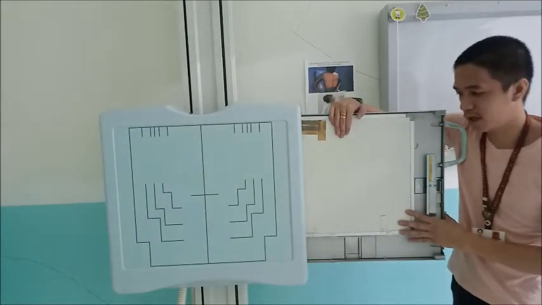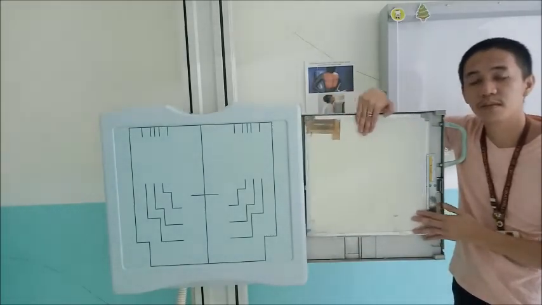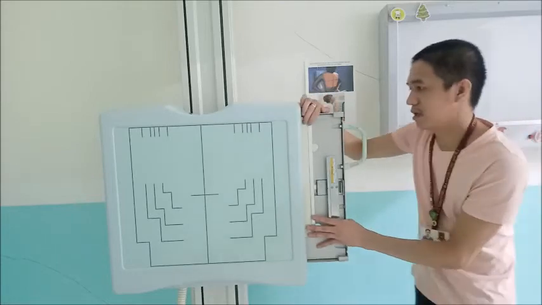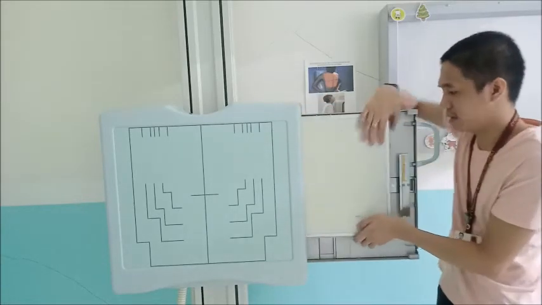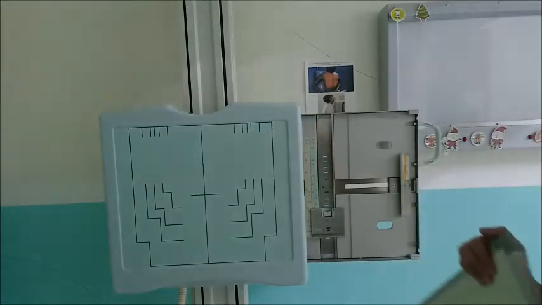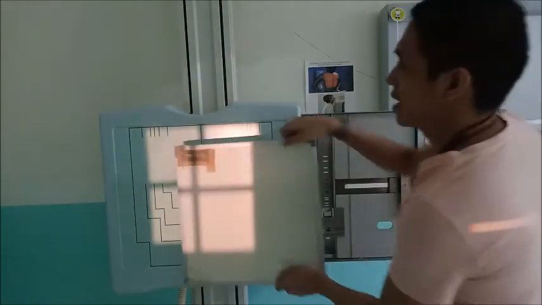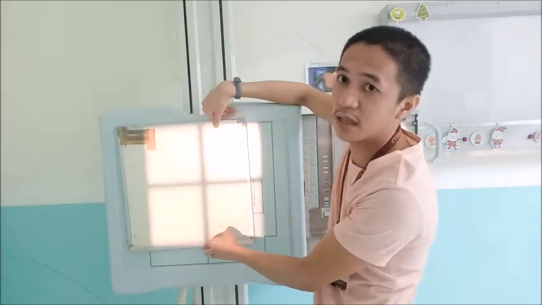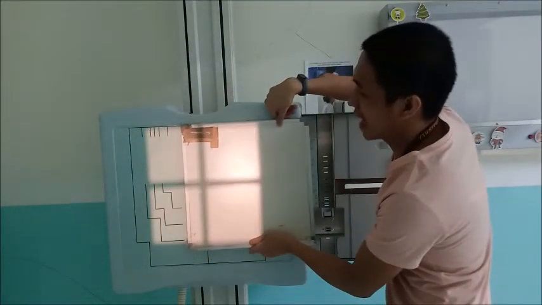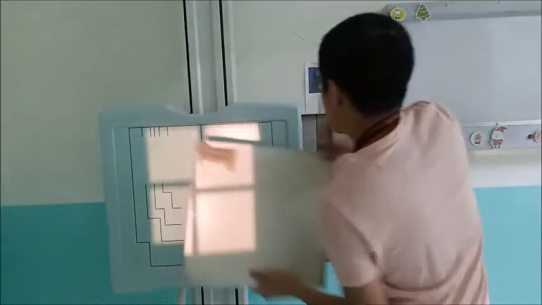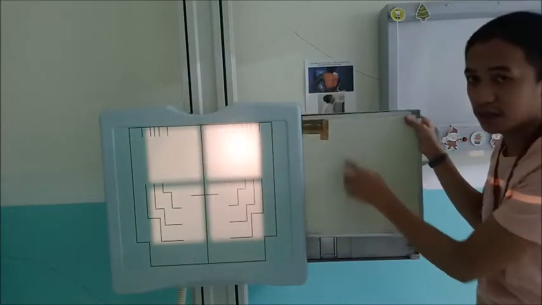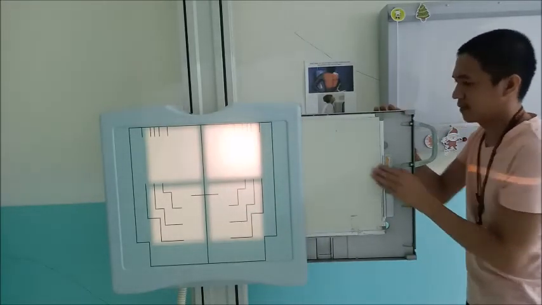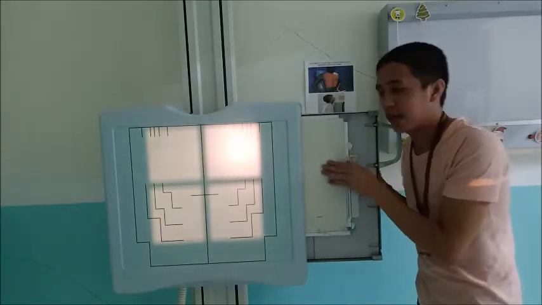What would happen is the cassette can move inside of the bucky. Since the cassette is moving, it is not locked, so the center of the cassette is not on the center of your bucky. The center of the IR is not in the center of the bucket plate. Okay. So make sure to lock it in place.